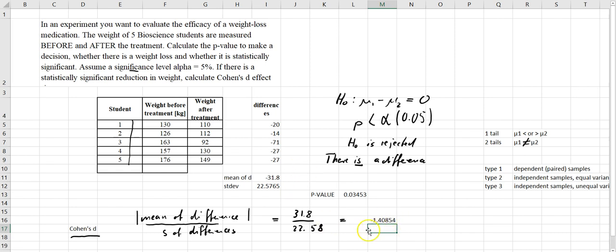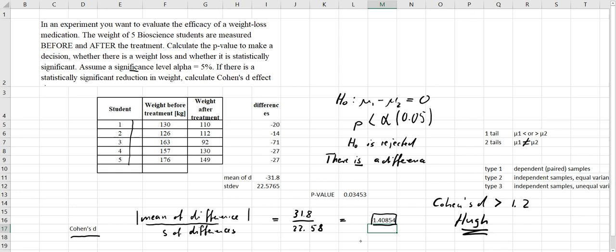We are not too worried about the negative sign here. So that gives us a Cohen's d of 1.4. And from a previous table, we know that if the Cohen's d effect size is larger than, say, 1.2, we are dealing indeed with a huge effect.